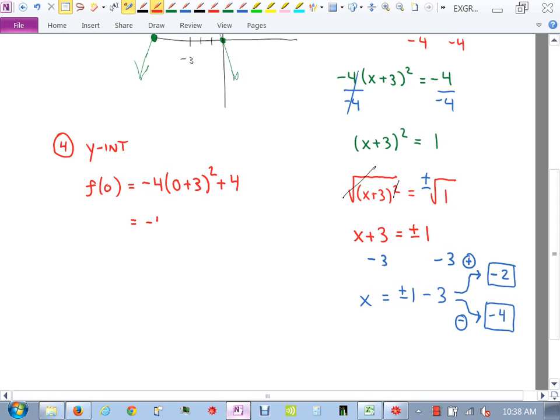That's the same as negative 4 times 3 squared plus 4. 3 squared is 9. 9 times negative 4. Negative 36 plus 4. Which is negative 32, right?